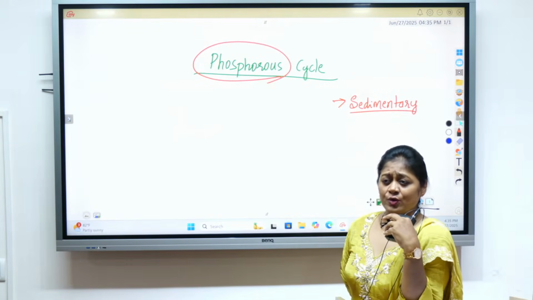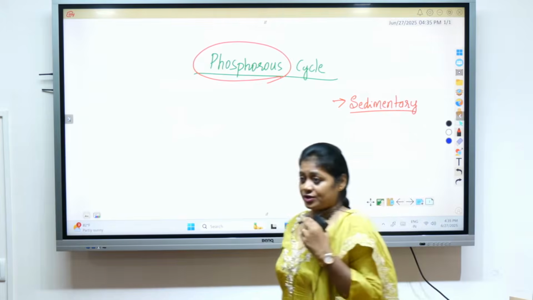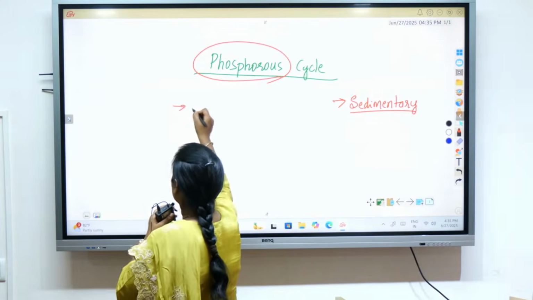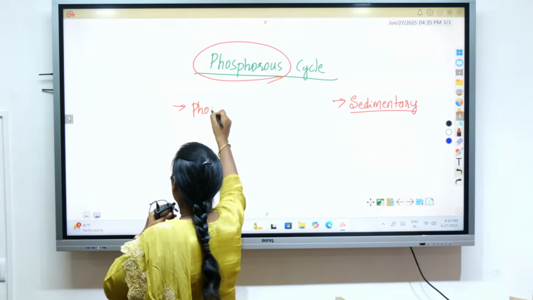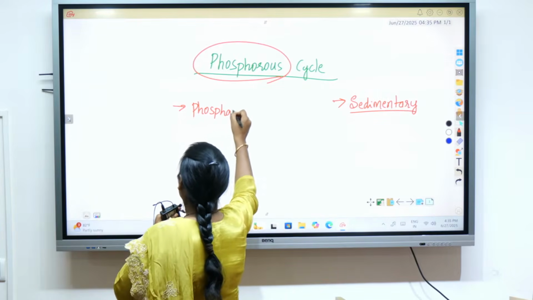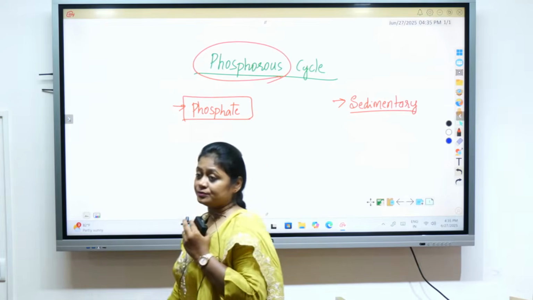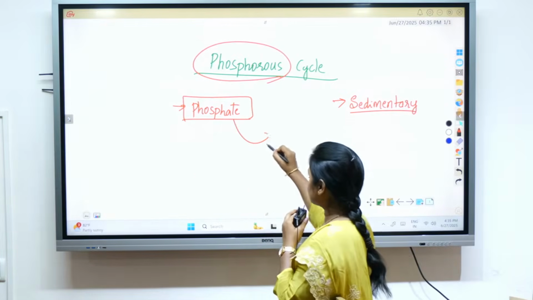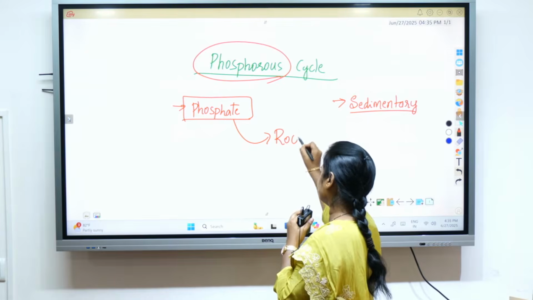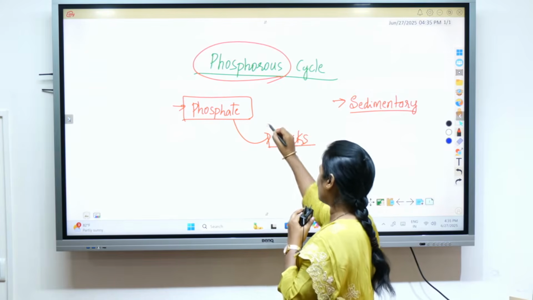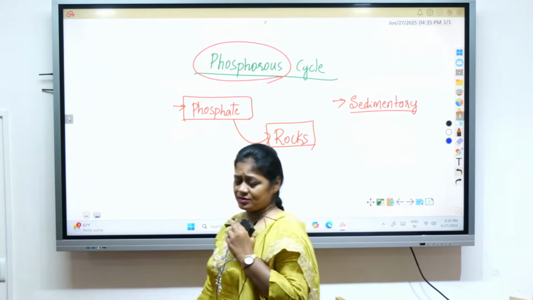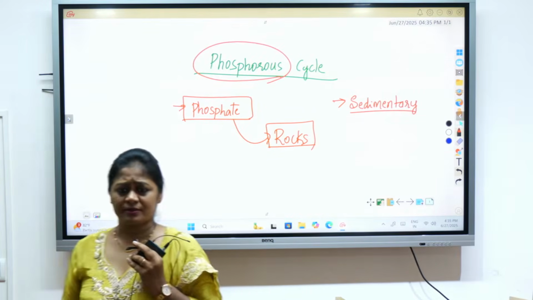Phosphorus is found in nature in the form of phosphate. These phosphates are locked in rocks. What are rocks? They are hard substances made up of minerals.